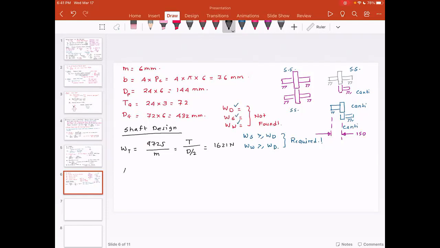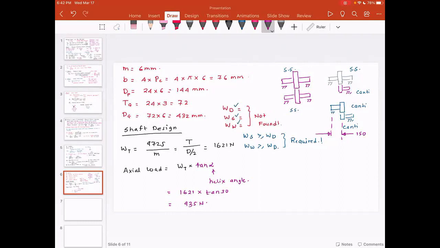Now, axial load is equal to WT times tan of alpha. And please note, this is the helix angle. And in this problem, helix angle is 30 degrees. So 1621 multiplied by tan 30. And that gives you 935 Newton.